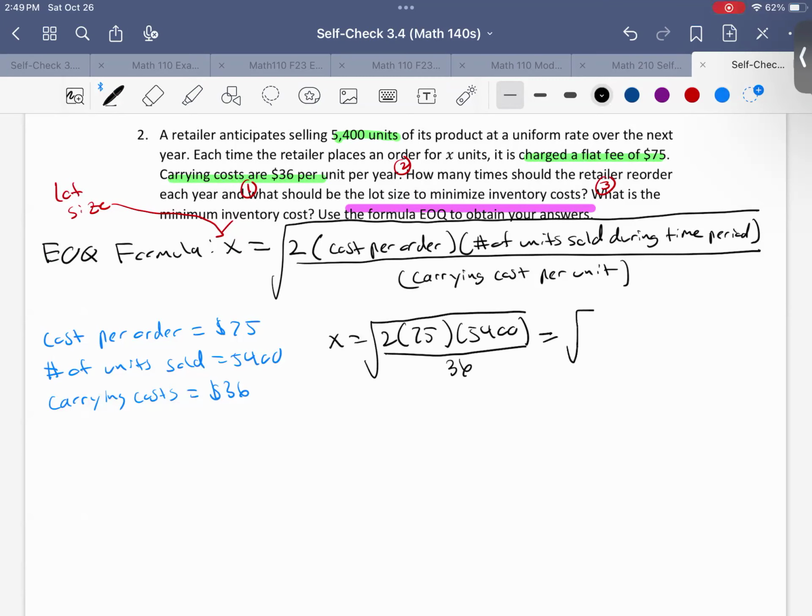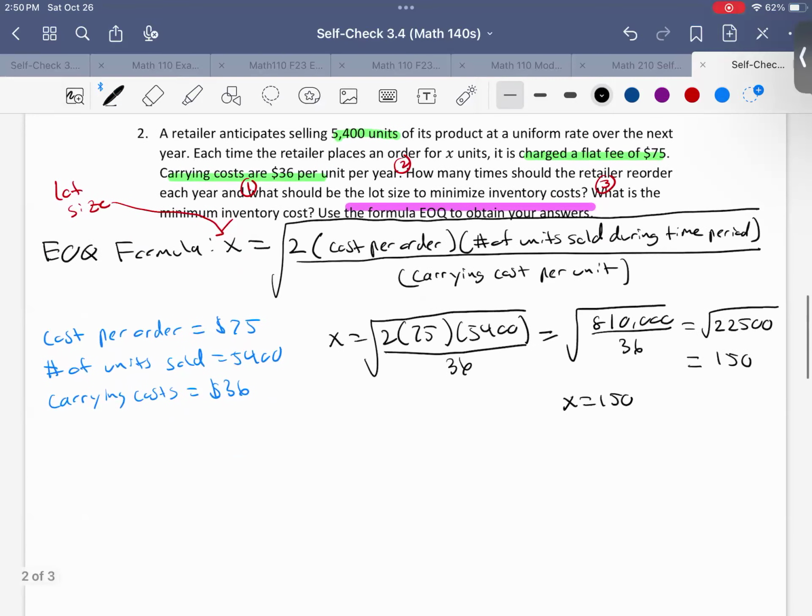So this becomes the square root of 2 times 75 times 5,400, which is 810,000, over 36, which is the square root of 22,500. The square root of 22,500 is 150. So X equals 150 is the lot size using this formula.